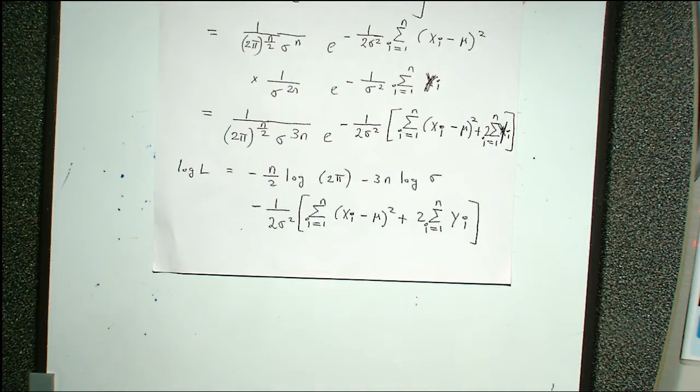Now, because we have two parameters, we need to do partial derivatives of the log likelihood with respect to the two parameters. So that's what I'm going to do next.